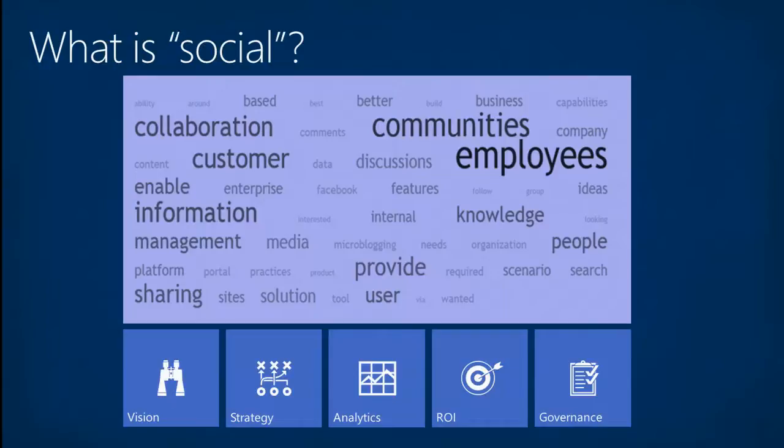Information, media, knowledge, people, sharing. You can see that just about everyone we talked to had a different idea of what they were expecting out of it. And that kind of brings me to my first thought here, and that is start with a vision when you go to deploy social in your enterprise. Take the time to figure out exactly what you would like to accomplish with it. What business processes are you attempting to add social capabilities to, to really figure out how you're going to get the most value?